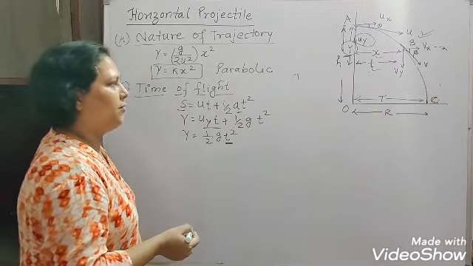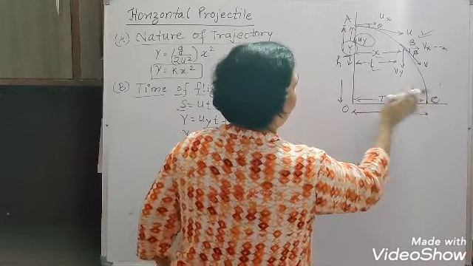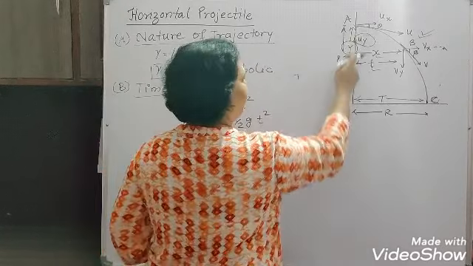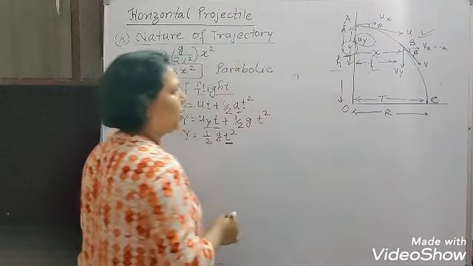Now you will observe here, when this is the time t from A to C when the projectile will come, at that time the vertical displacement traveled by the projectile is h here. Okay.